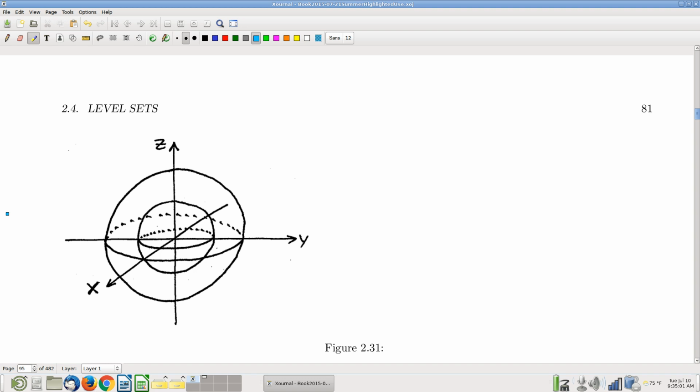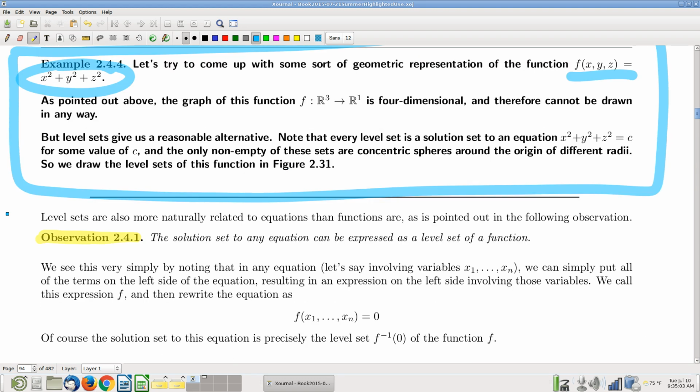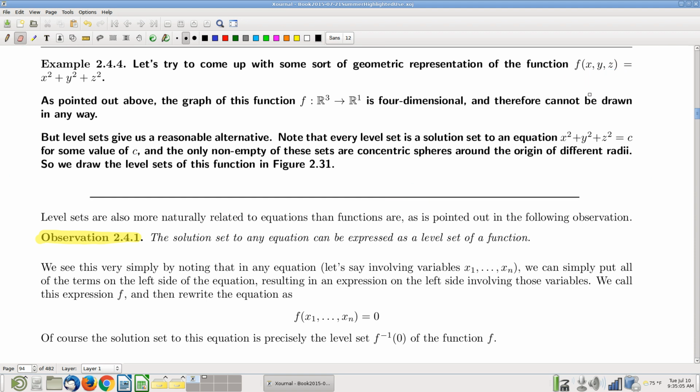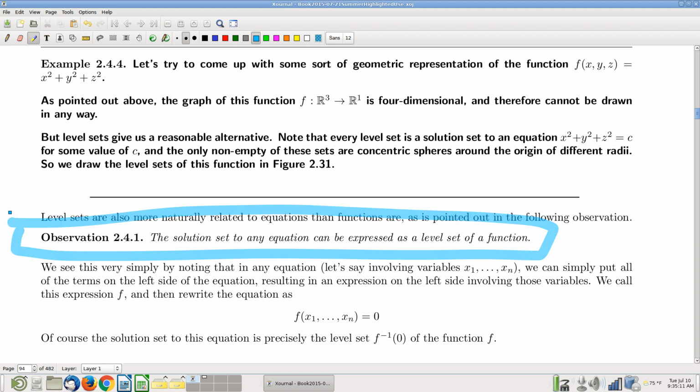Okay. All right, so there's some other things I want to observe about level sets. We're almost done with the section on level sets, but some neat facts. Any equation, its solution set can be thought of as a level set of a function. Now, this is not a hard observation.